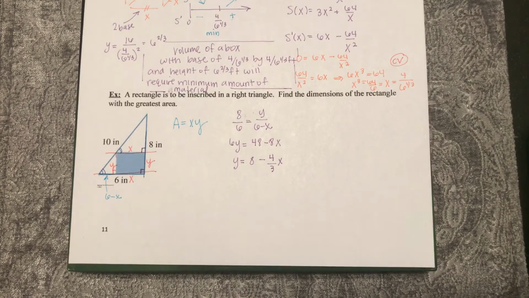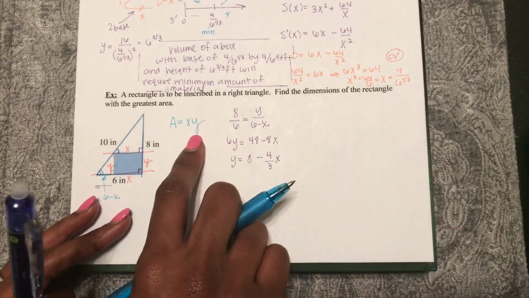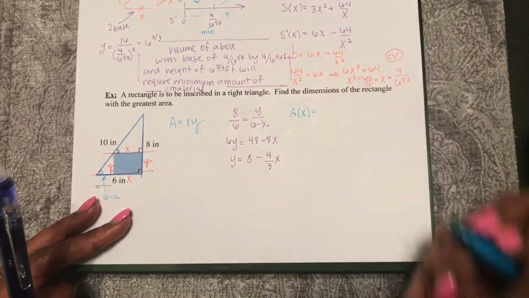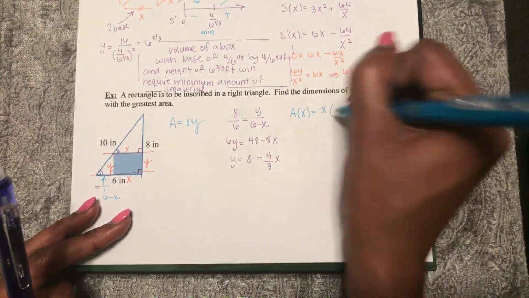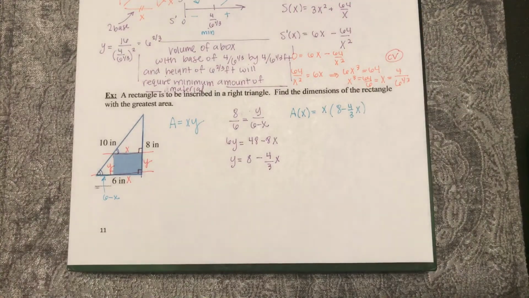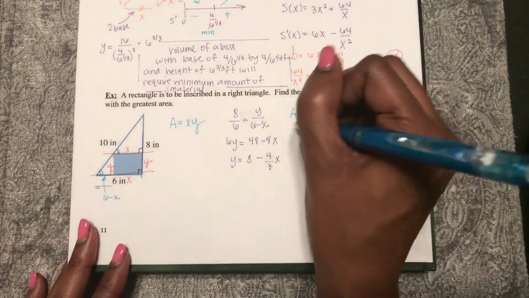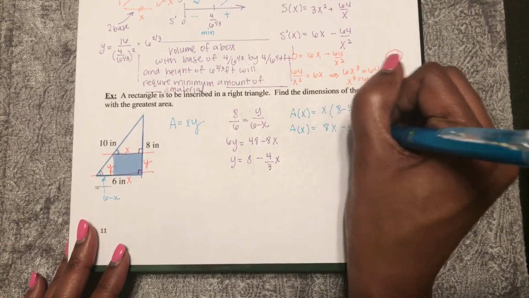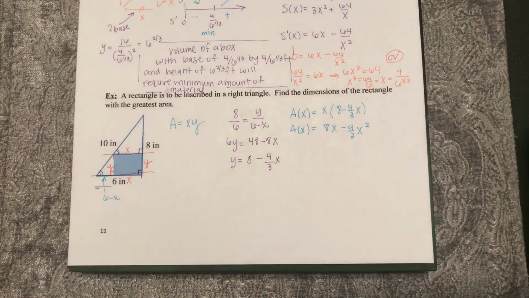So now that I know that y equals 8 minus 4/3 x, I can rewrite this area problem in terms of only x. It's x multiplied by 8 minus 4/3 x. So I can distribute the x. A of x equals 8x minus 4/3 x squared.